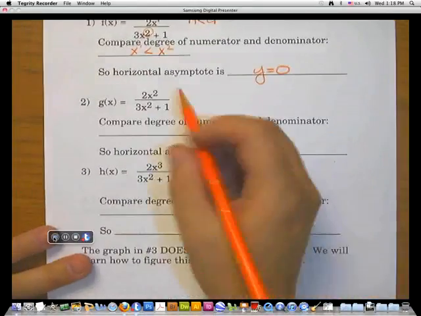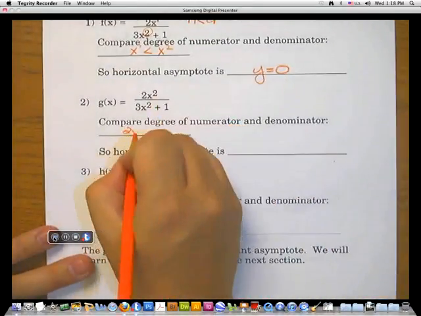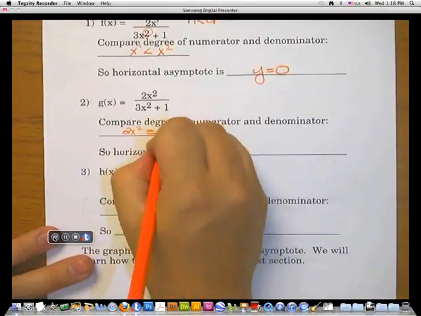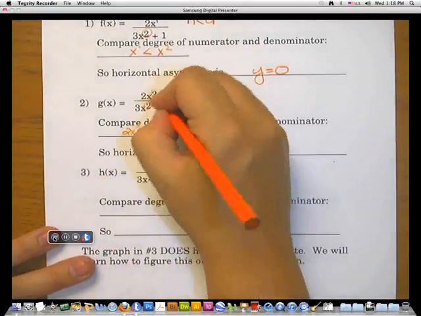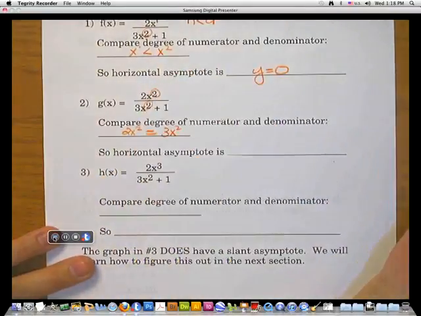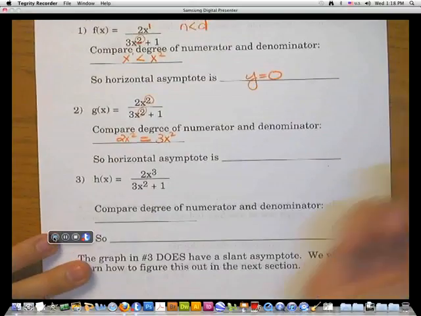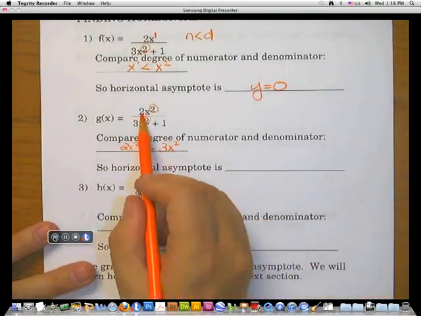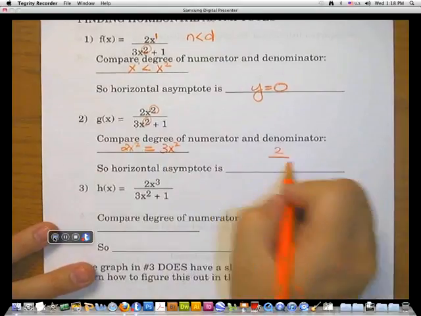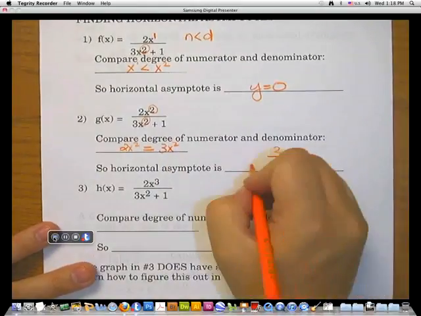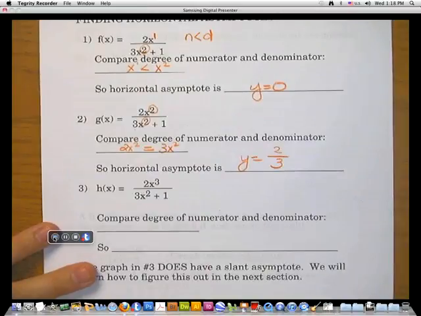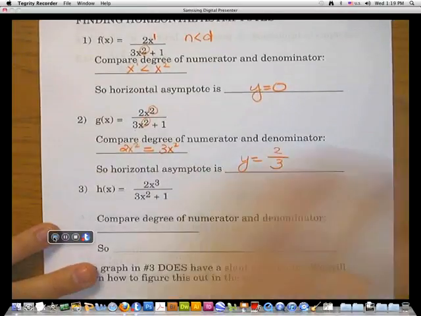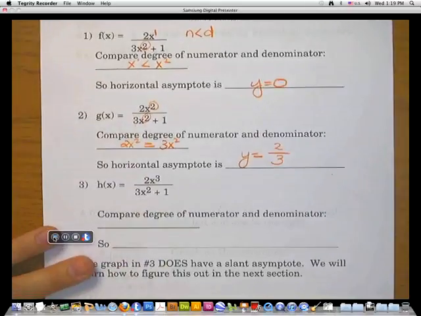Okay, now here I have 2x squared over 3x squared, because they're the same degree, they're the same exponent. Therefore, the horizontal asymptote is the ratio of the leading coefficients, 2 and 3. So it's at y equals 2/3. Horizontal asymptotes are always going to be y equals, because that's what it means to be a horizontal line.